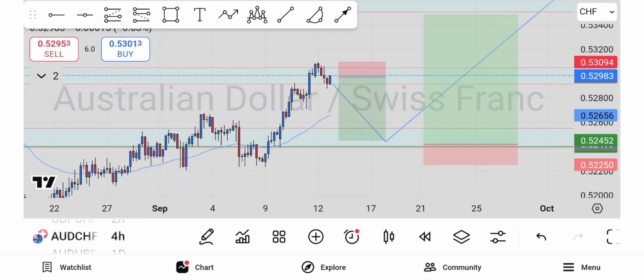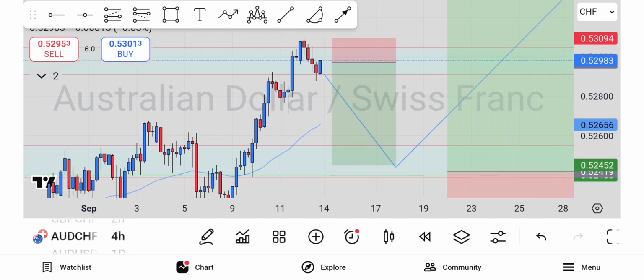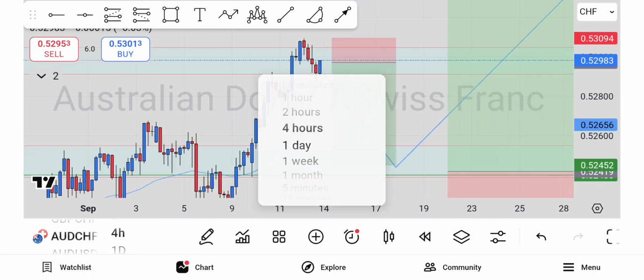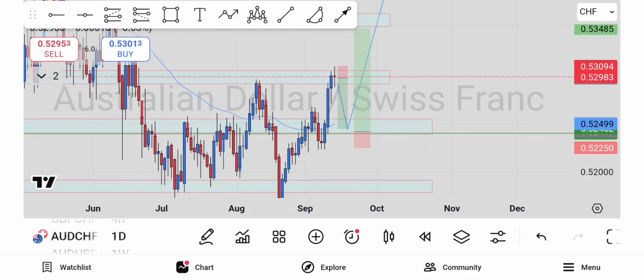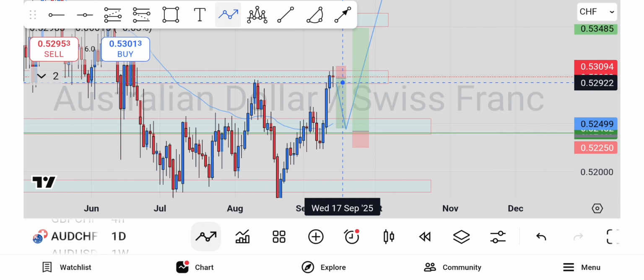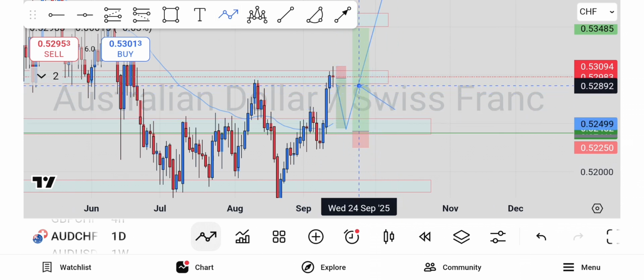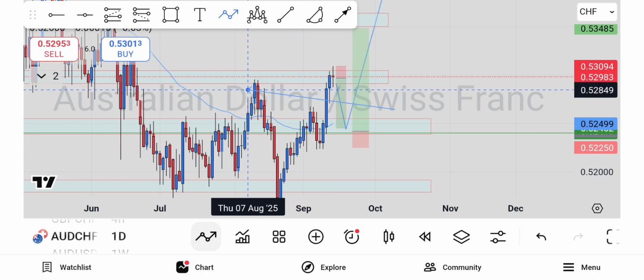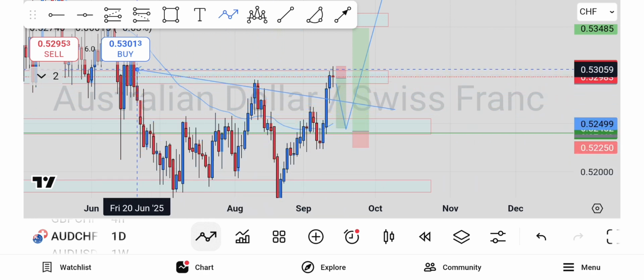Then AUD CHF, we are waiting for a change of structure on the 4 hours, and also a break and retest on the 4 hours to sell and also to buy. We are going to sell this counter trend from here, because we have a structure point here, a strong zone here, where the market sold back down.